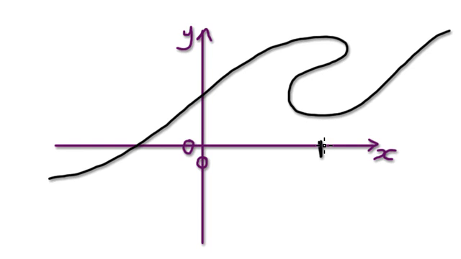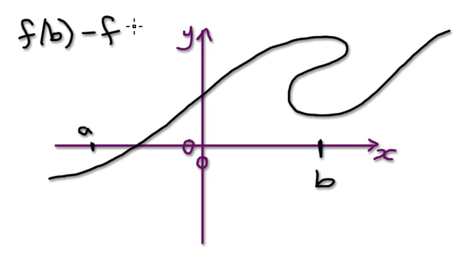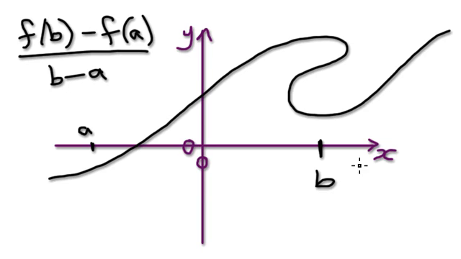What's the gradient of this? Let's say b is here and a is here. Normally it would be f of b, take away f of a, divided by b minus a. When you come to work out f of b, if it's not a function, then it breaks down.